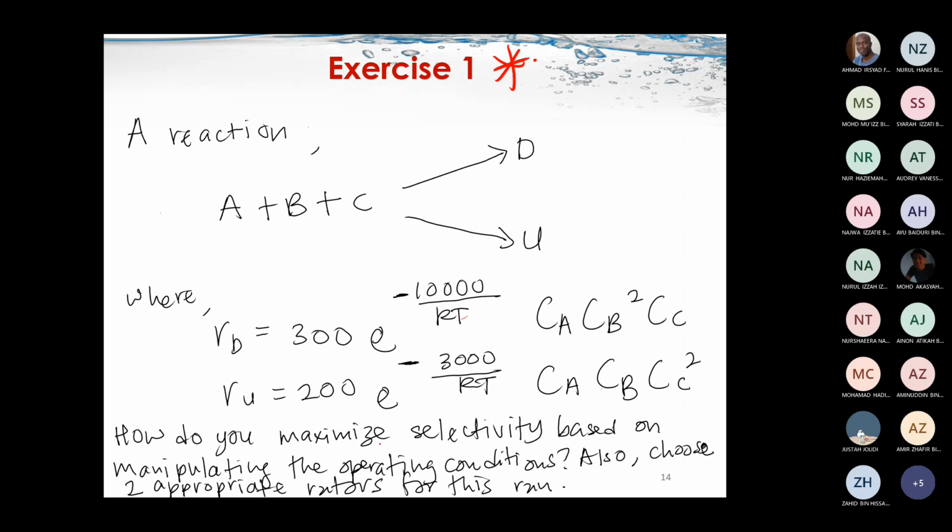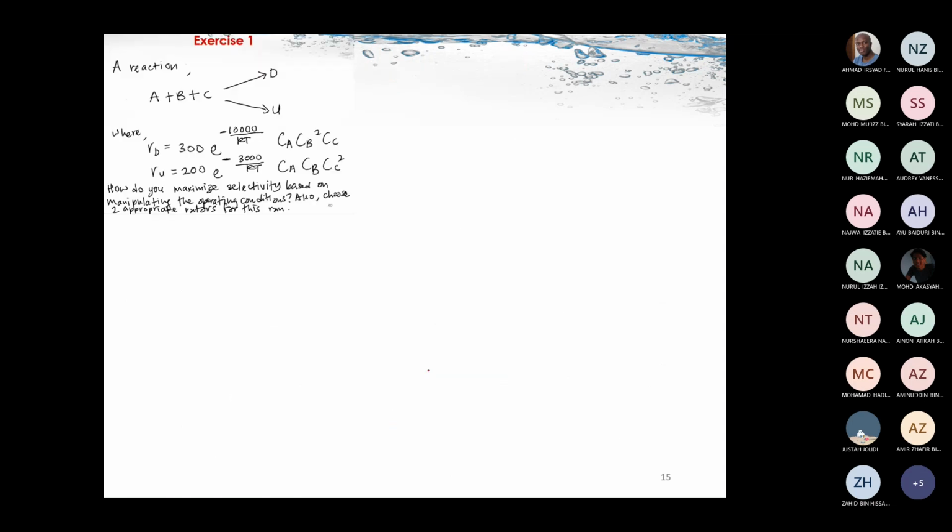Okay, so first you have to analyze the SDU in terms of the concentration and temperature, and then you kena analyze pula what is the best reactor for these reactions. Okay, so kita tengok one by one.